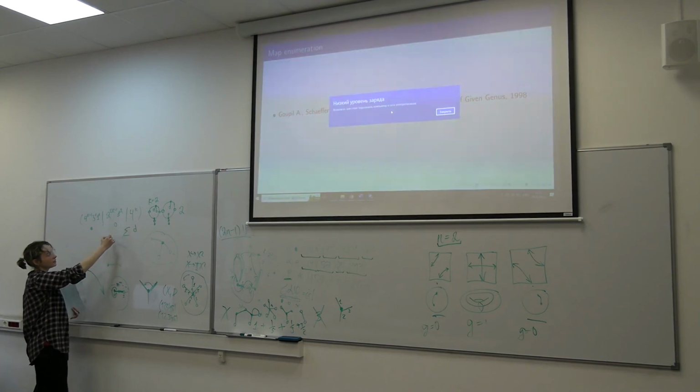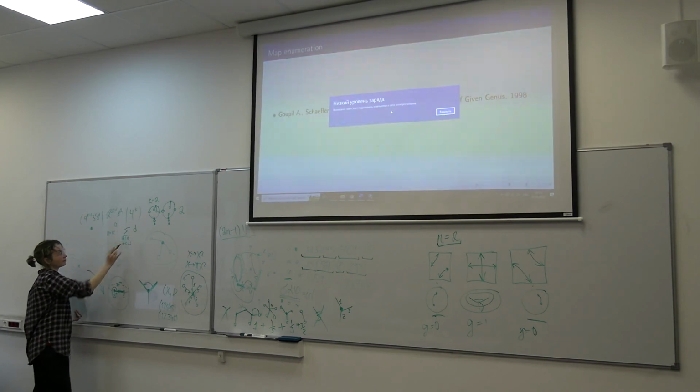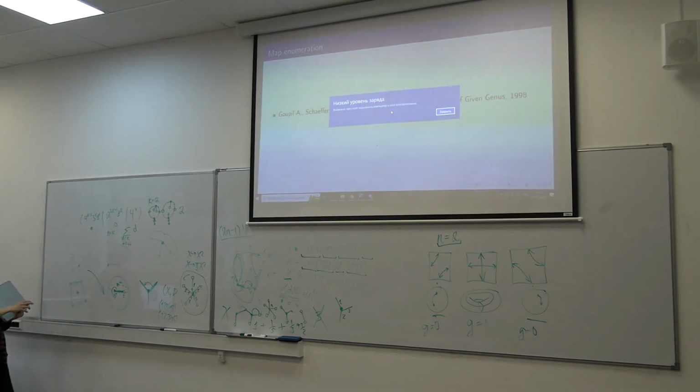If we fix n equal to k, this is the sum of odd divisors of n.